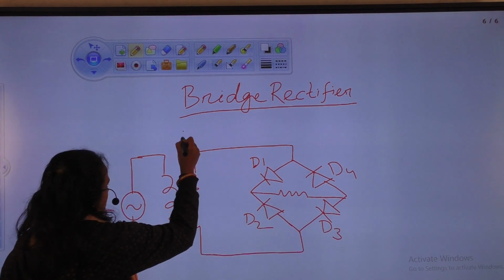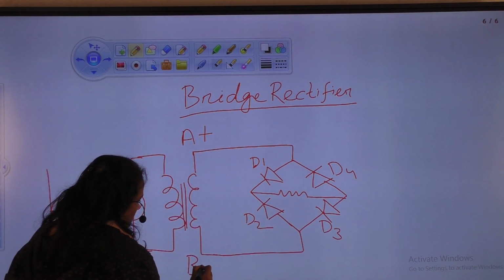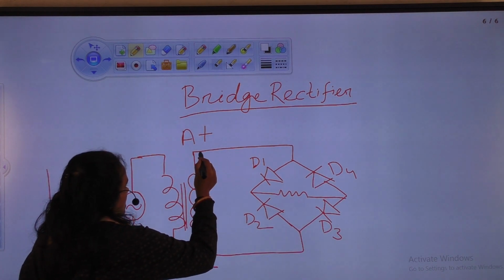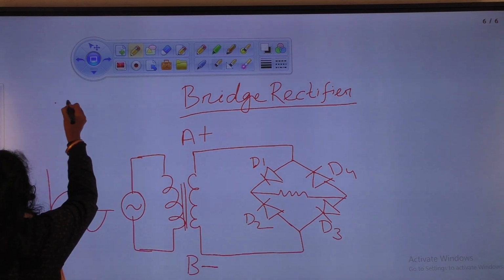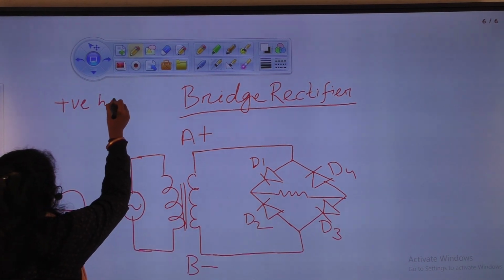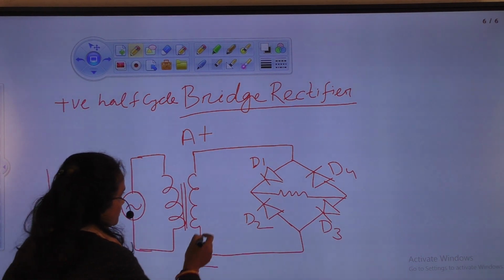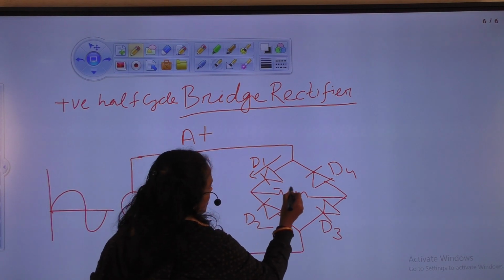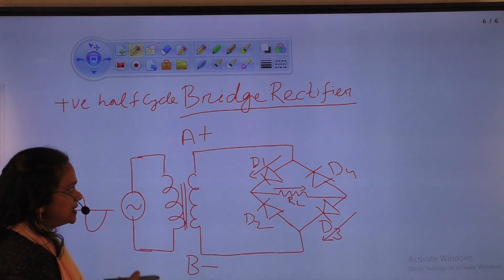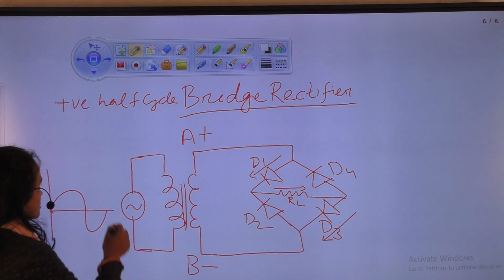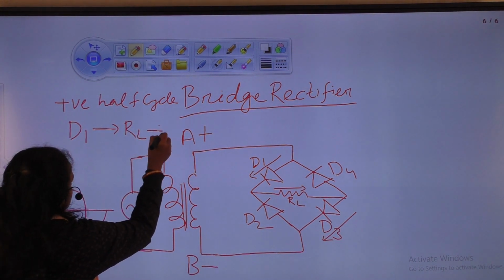When we apply positive half cycle, end A becomes positive and B becomes negative. And when we give positive half cycle, diode D1, load RL and D3, through this path current conducts.